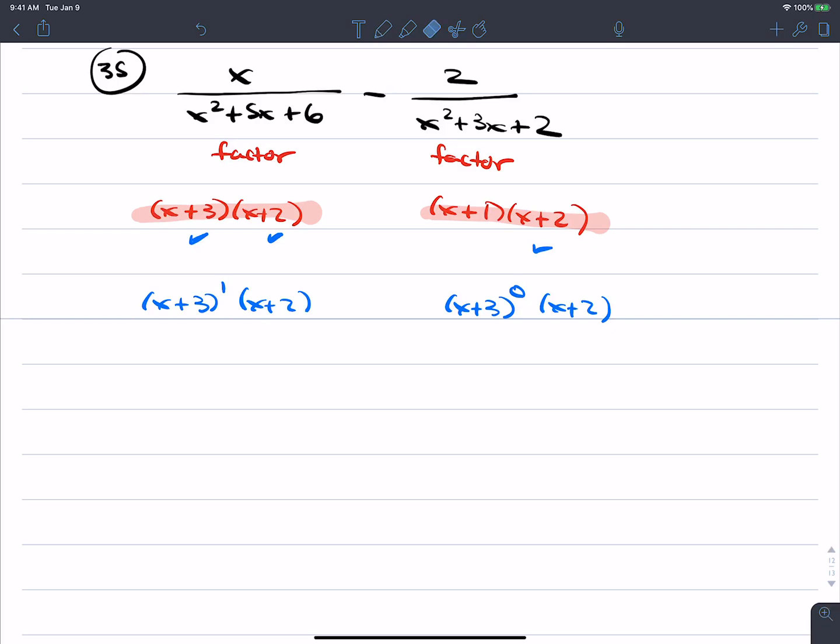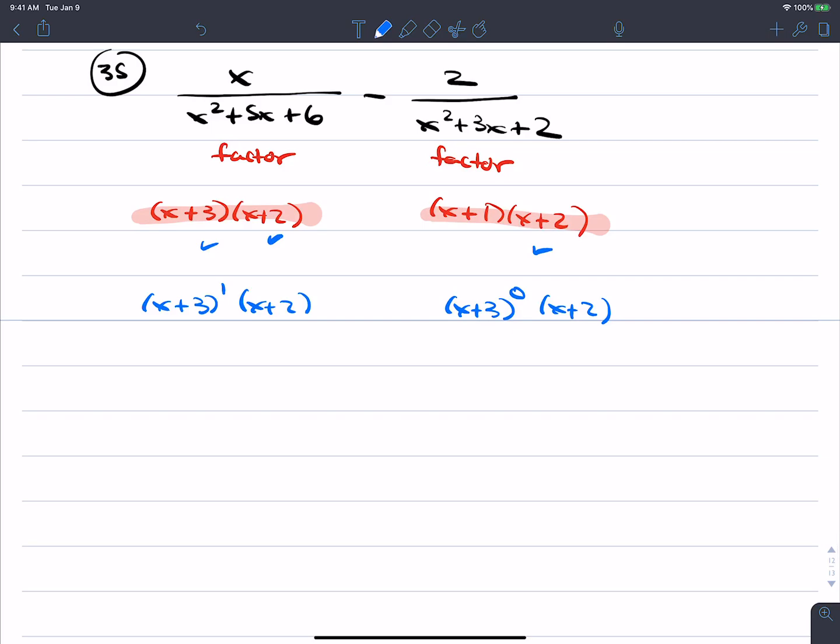Let's go back here. So we started this off by noting that you have an x plus 3 term on the left here, but you don't have one on the other side, or the second fraction. They both have an x plus 2. This is going to be the first power. And then this x plus 1 is on the right, but it's not on the left.